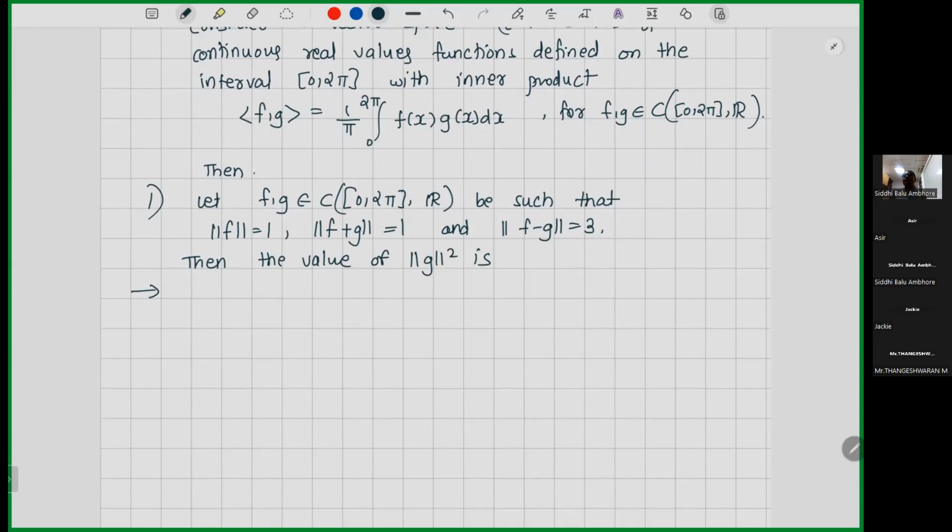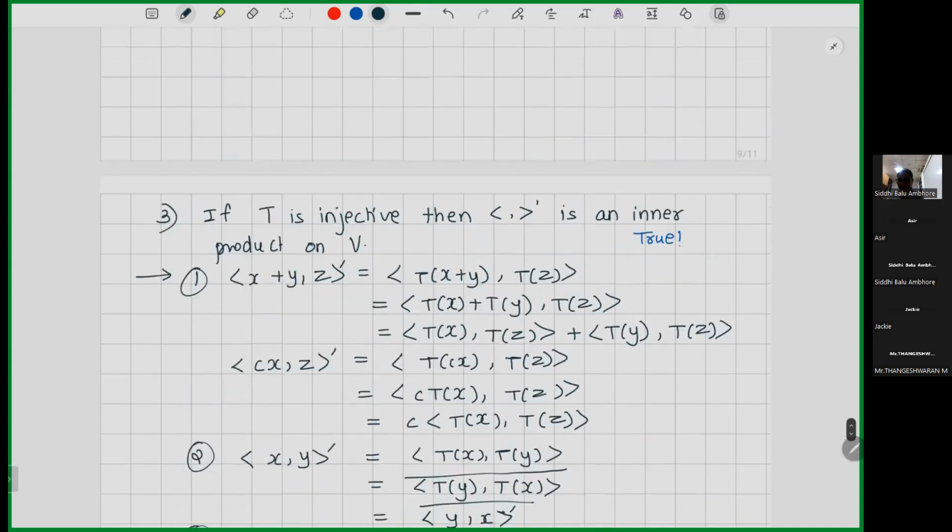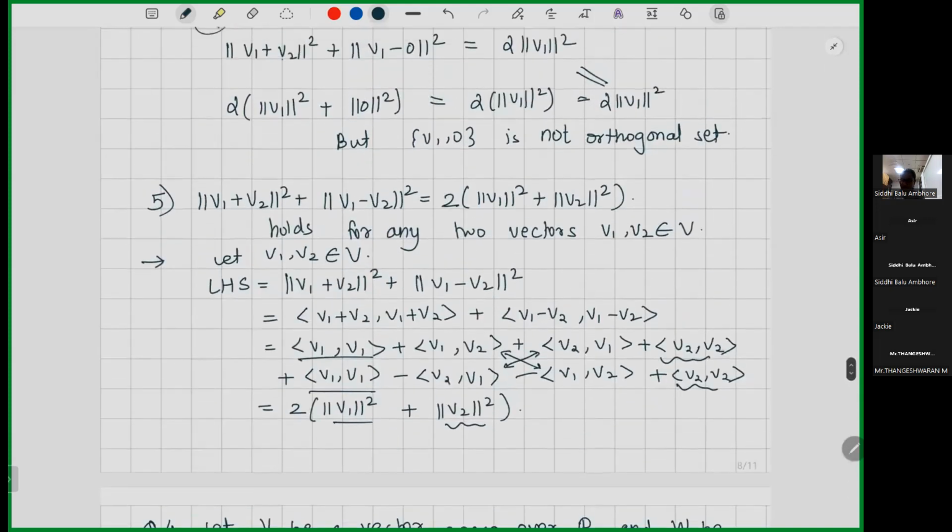And what shall we do here? We proved something just now before coming to this. Yeah, this identity. This is true for any vectors, right?